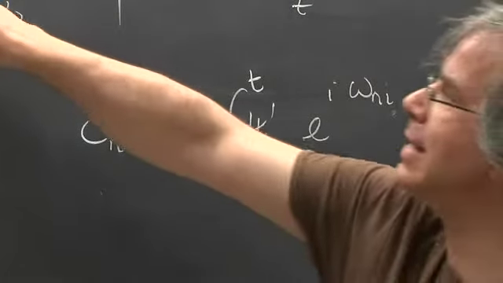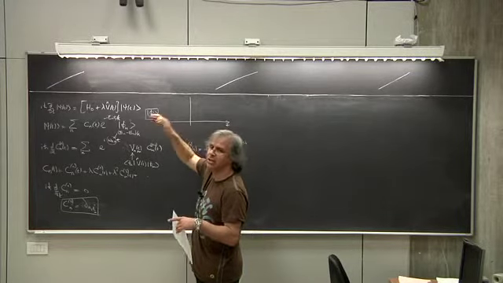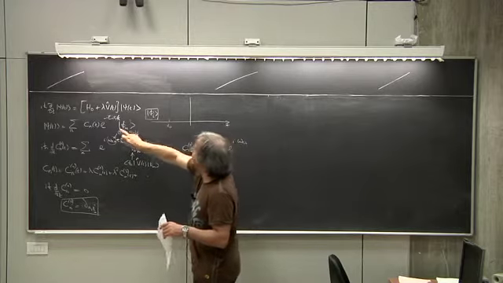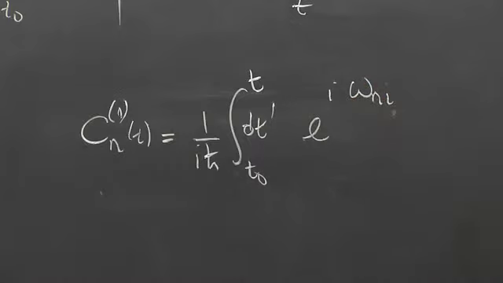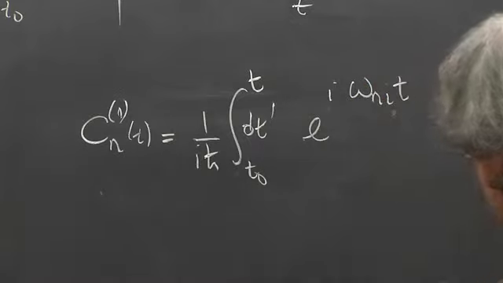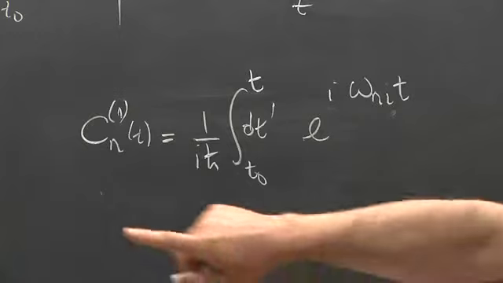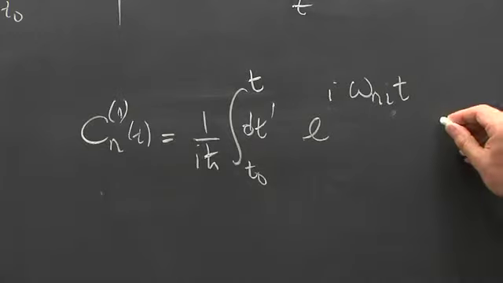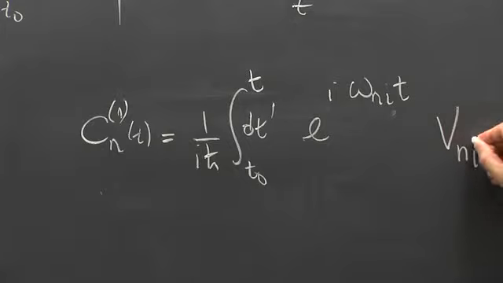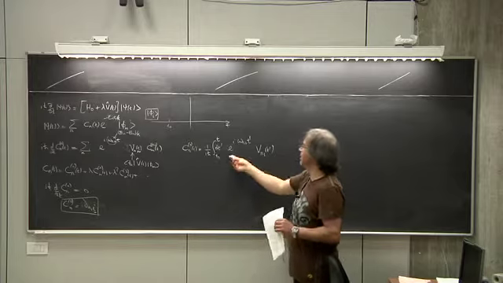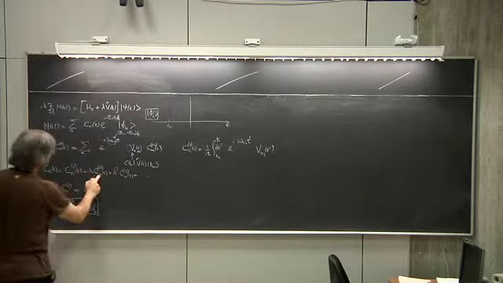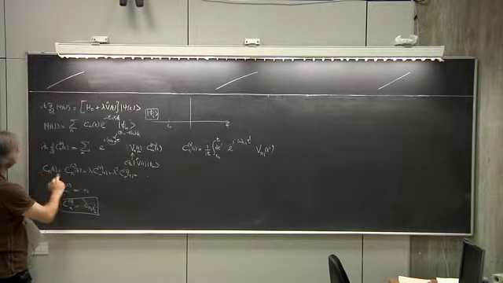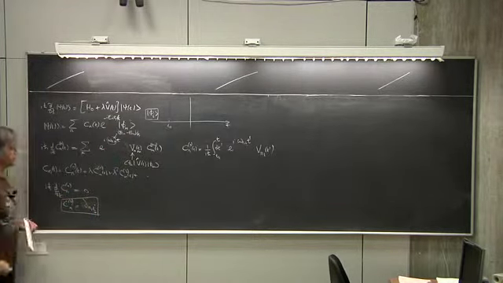I'm calling I the initial state to remind initial, but i is sometimes also the imaginary unit, so please do not be confused by this, okay? So in any case, this is the oscillatory factor that always appears, and then there is a matrix element that is Vni of t prime. Okay? So this simple integral provides for us the correction to first order to the coefficients that appear in the state. Okay?